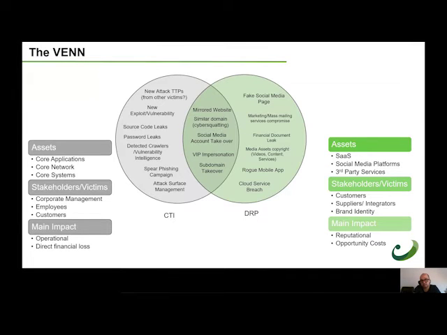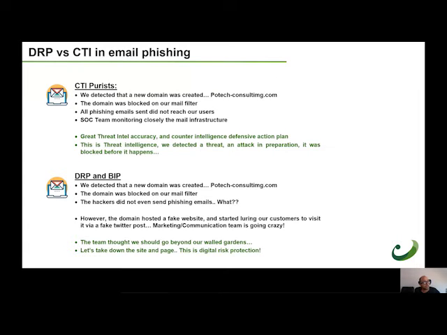There's a marketing, or let's say an ethical value and a business value, towards protecting your customers even when they make mistakes or are victims as well. In the same case of a phishing attack, it can be classified as CTI or DRP at the same time.